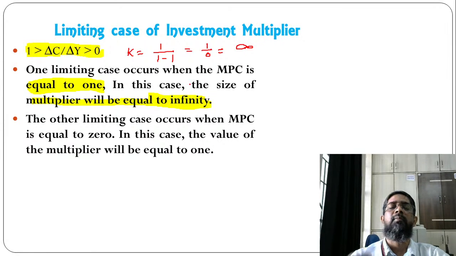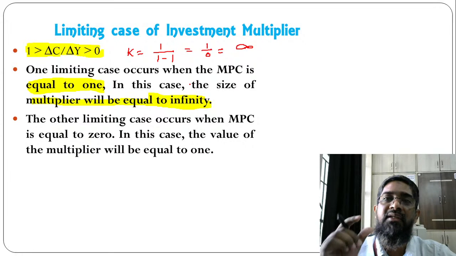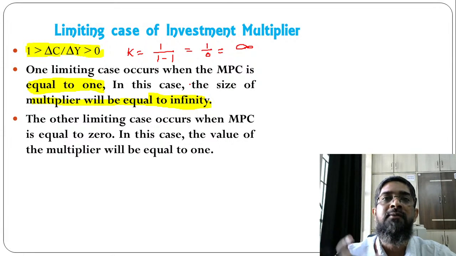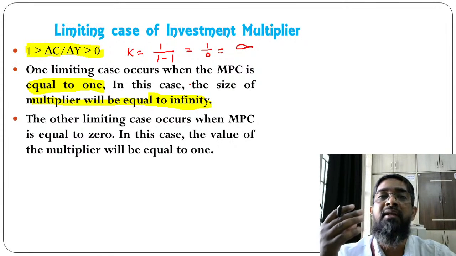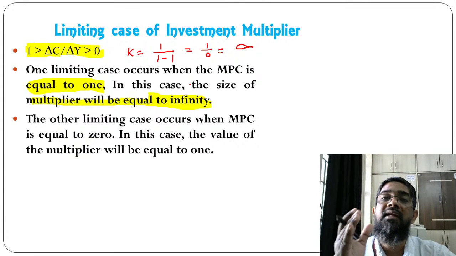It means by investing a particular amount initially, maybe 100 crore, 200 crore, 500 crore, any project by the government can increase income in the economy infinitely if the value of MPC, the marginal propensity to consume, is equal to 1.